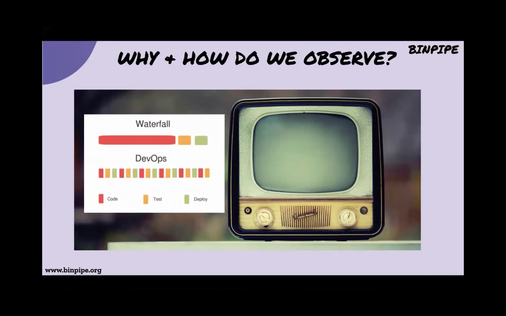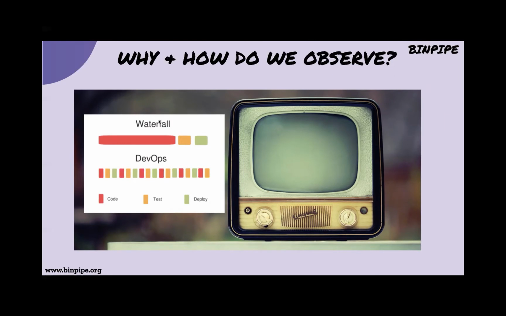We observe to know the health state of that particular service which we deployed, or the health state of the host server where our containers are running. So that is the reason why we observe. And how do we observe? We observe using various new age tools. Okay, so we'll come to that in the forthcoming slides.